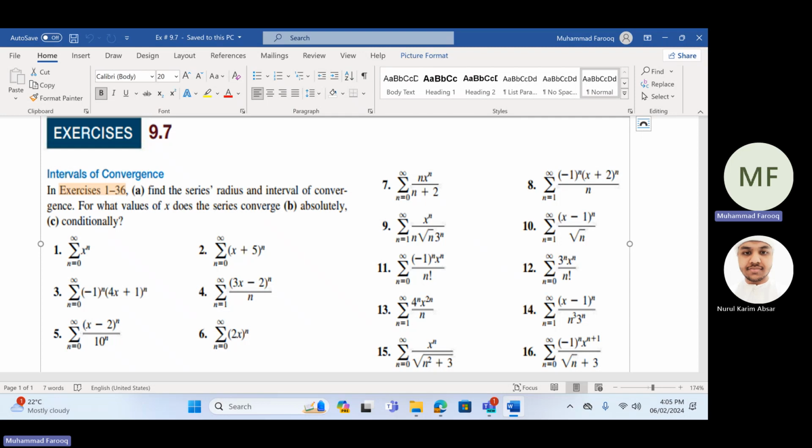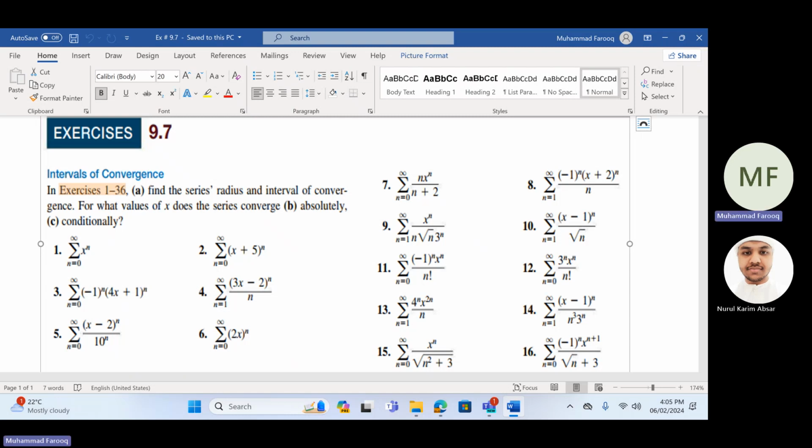And number three, for what values of x the series converges absolutely and conditionally.